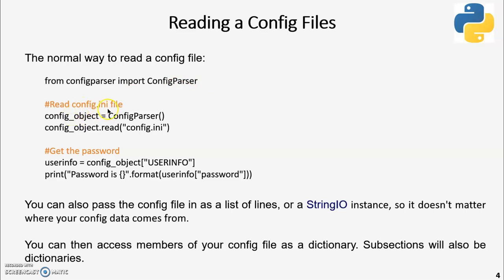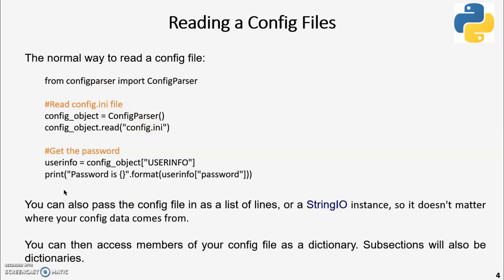Reading the config.ini file, how to read it is config_object is equal to ConfigParser(). config_object.read with config.ini. So this is how we can read the config.ini, where I have to actually access the ConfigParser and then read the config file.